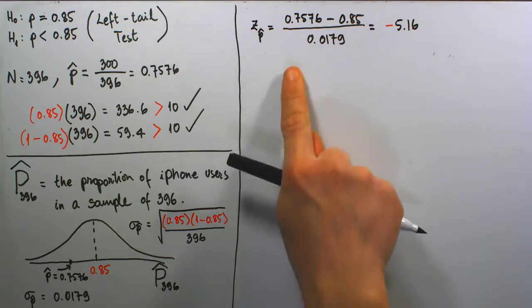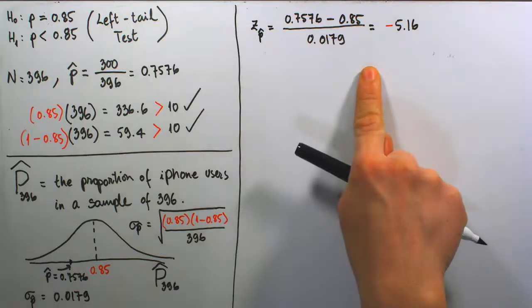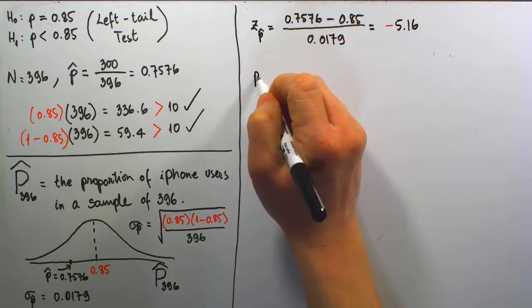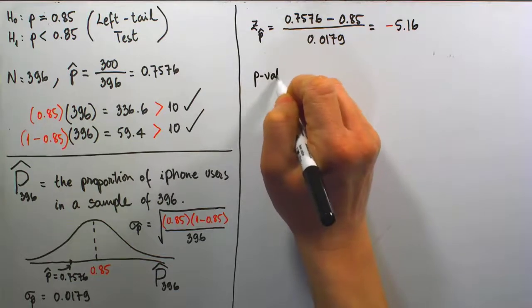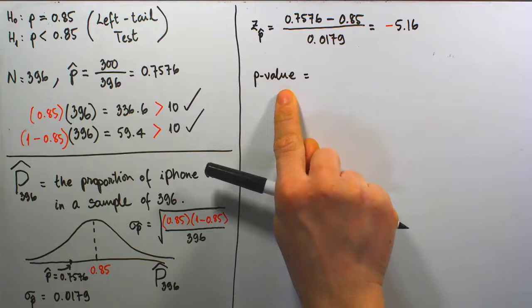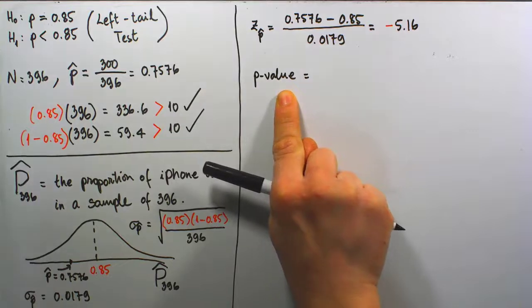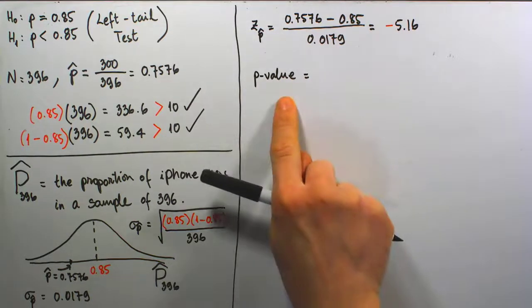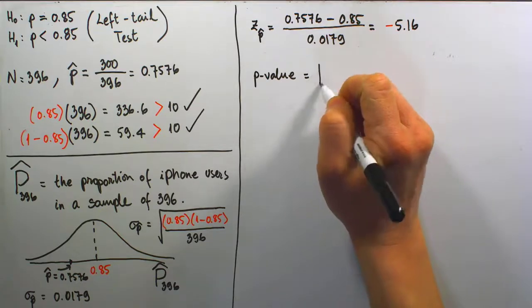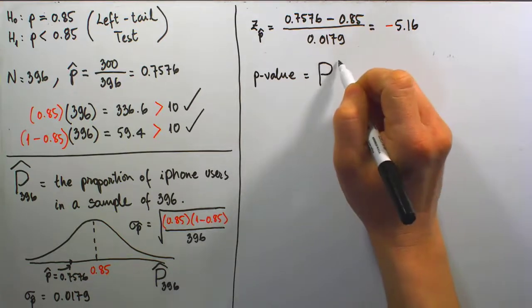So now, having the z-score calculated, the next step is calculating the p-value for our sample. Any hypothesis testing problem will depend on the p-value to decide whether we have strong evidence or not strong evidence. The p-value for this test is found by setting up a probability calculation.